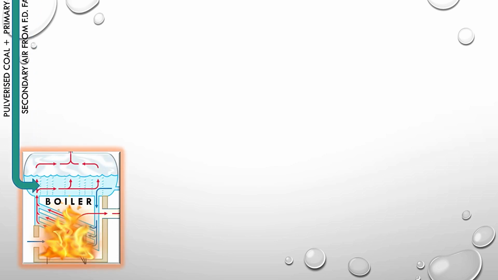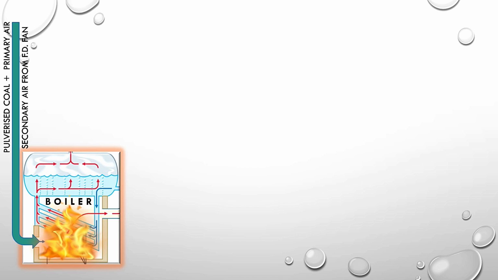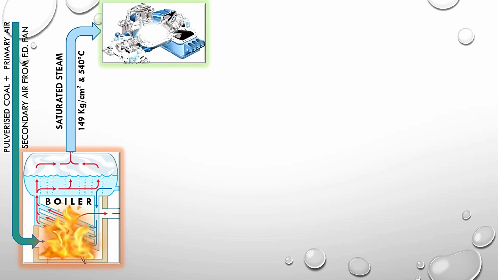Pulverized coal plus primary air and secondary air from the FD fan enters into the boiler furnace and by combustion produces saturated steam at about 149 kg per centimeter square pressure and 540 degree centigrade temperature. This high pressure and high temperature steam enters into the steam turbine.